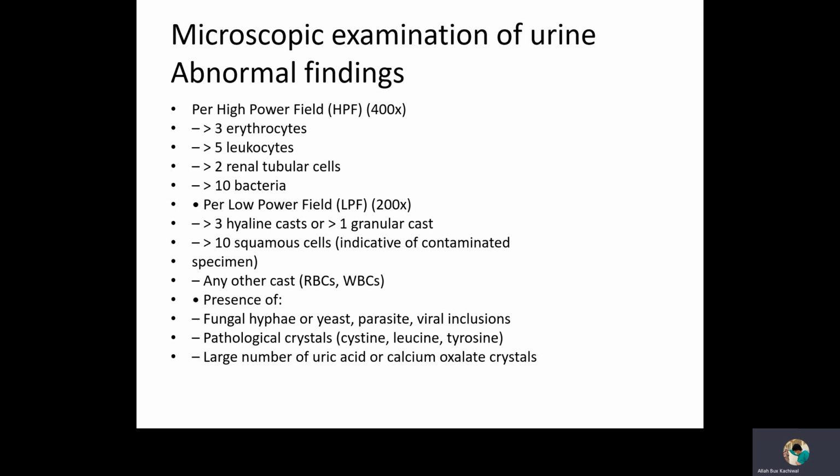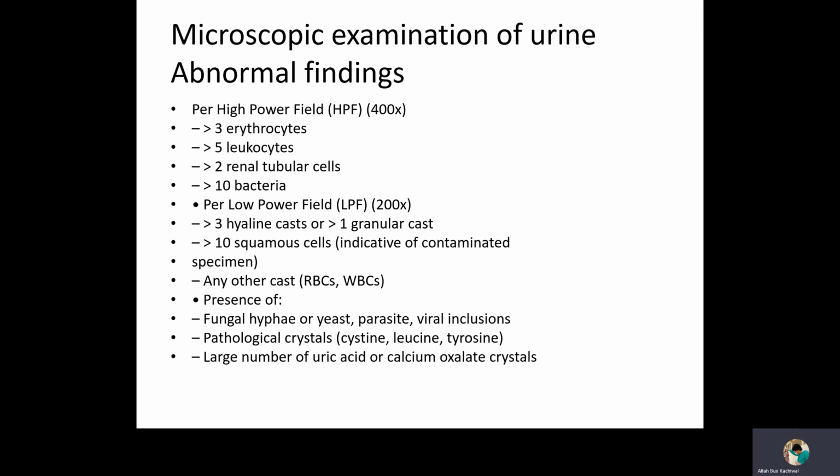Per low power field, at 200x, more than 3 hyaline casts or 1 granular cast, and 10 squamous cells indicating a contaminated specimen. Any other cast, like an RBC cast or WBC cast, may be present, as well as fungal hyphae, yeast, parasites, or viral inclusions.